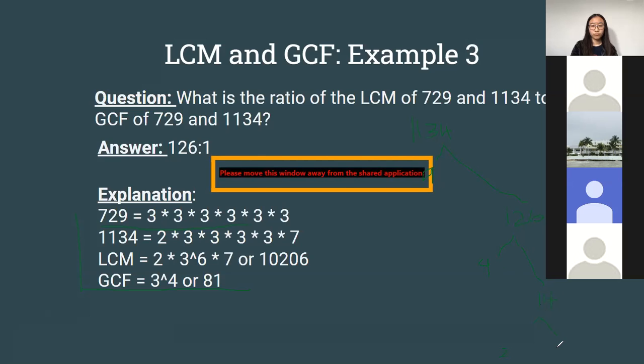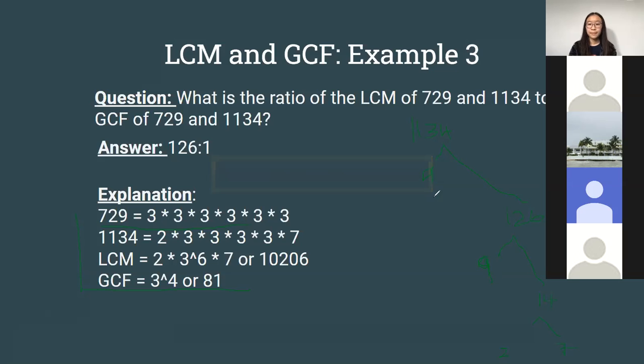So, can anybody tell me the prime factorization of 1,134? I gave you all the factors, so it shouldn't be too difficult. This is a 9, by the way, if that wasn't clear. So I have a 9 here, a 9, and a 2 and a 7. What is the prime factorization?